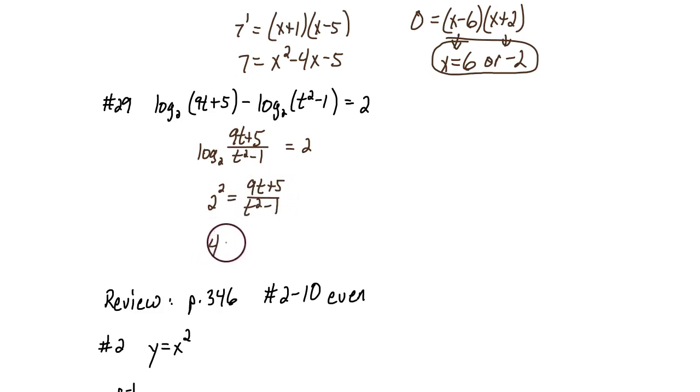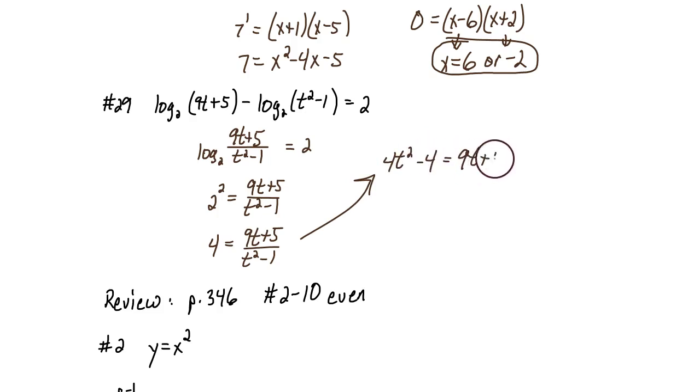So this is 4 is equal to 9t plus 5 over t squared minus 1. Let's multiply the t squared minus 1 to the other side next to the 4. And because this is quadratic, highest degree 2, let's make standard form, getting 0 on the right.